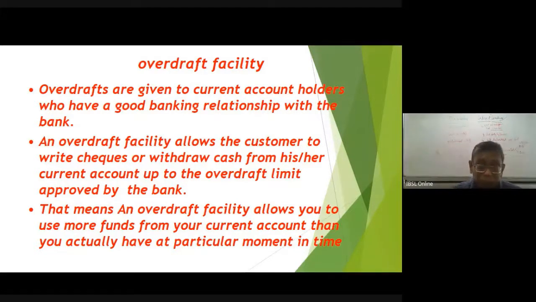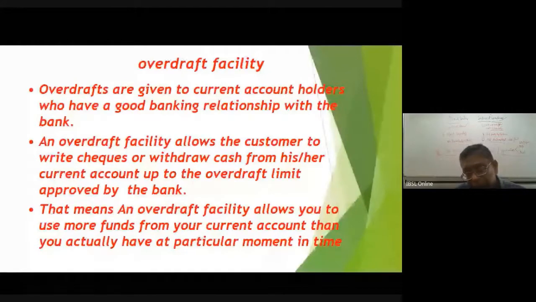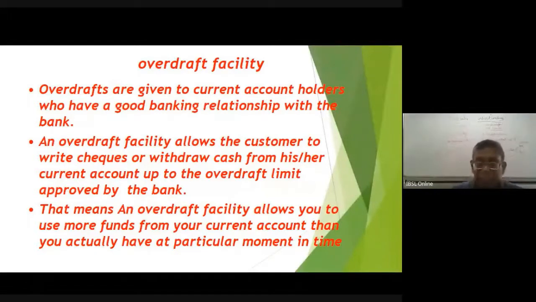What is the first point? Please underline this. Overdrafts are given to current account holders, not to others. Now say Mr. X has a current account with ABC bank. Just because he has a current account, can he get an overdraft facility?